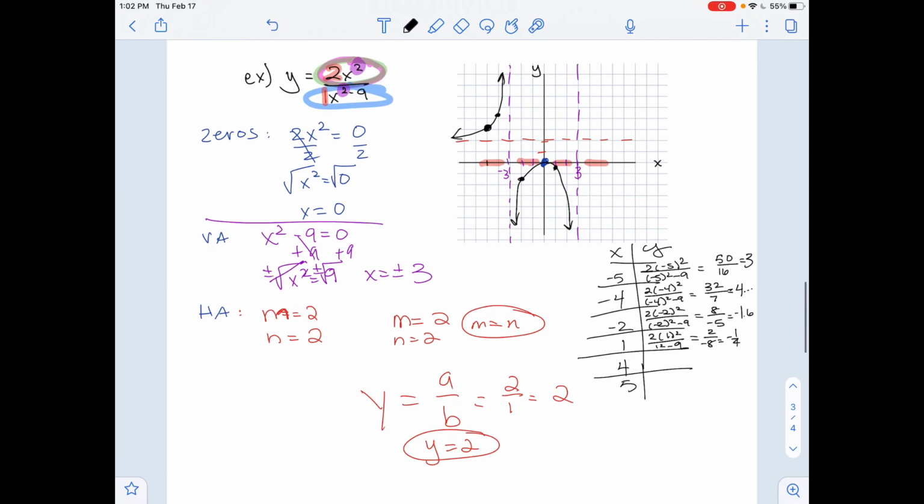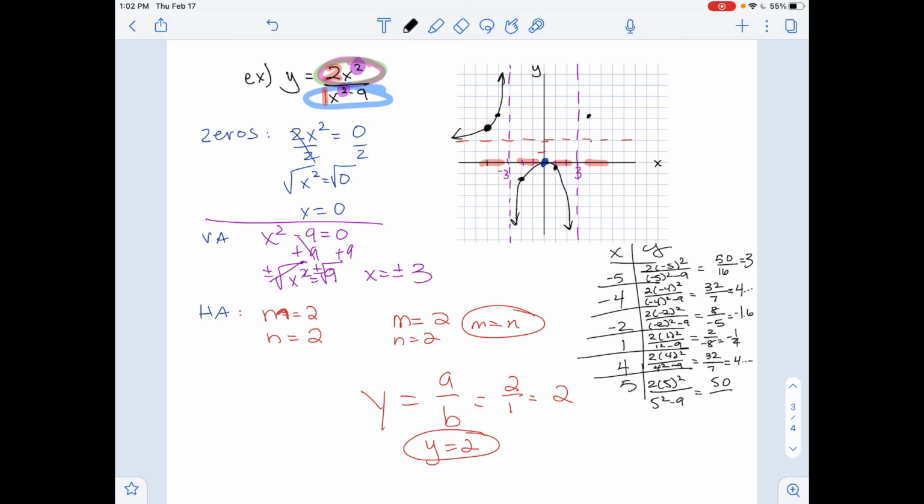And then lastly, we're going to go 2 times 4 squared all over 4 squared minus 9, which is 32 over 16 minus 9 is 7. So that's another 4 and a little bit. So over 4, we're going to go 4 and a little bit. And then lastly, 2 times 5 squared all over 5 squared minus 9.